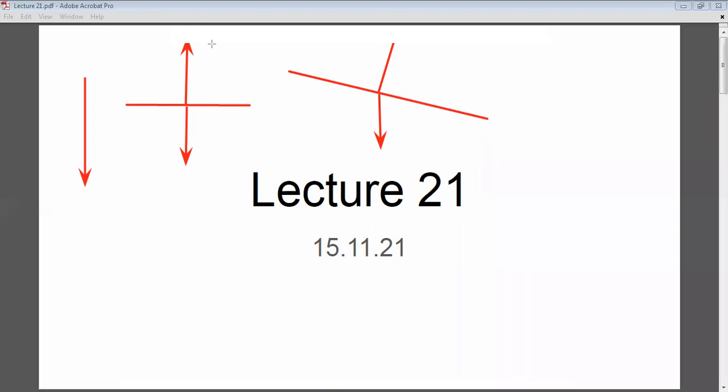So for example, if I have a string this way and there is some mass attached to it at the end, then the tension force is upward, okay? It's along the string. However, in the case of the spring, it depends. If it's compressed, then the tension will be in the opposite way of the compression. If it's elongated, then the tension force will be in the opposite direction of the elongation, okay?